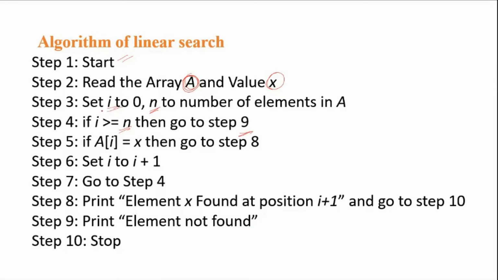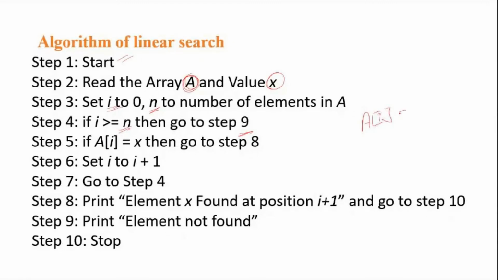So once we reach here, that is, if I is greater than or equal to n, we print that the element is not found. The next step is A[I], that is, A is the array, I is the index.